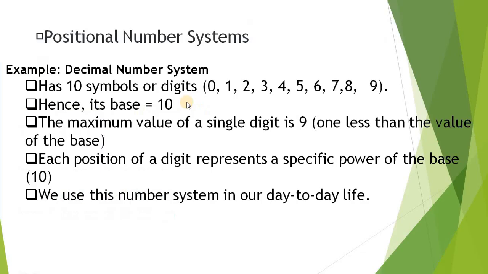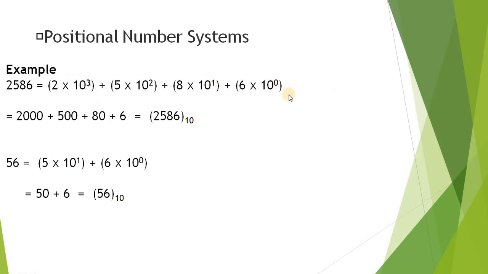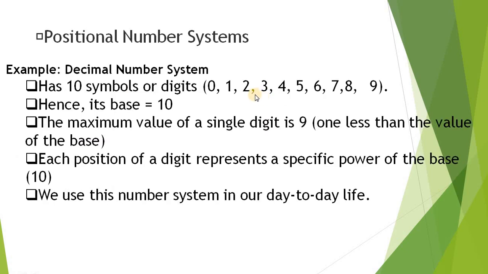And one more thing you need to understand is that digits and numbers are two different things. When we say digit, it is nothing but a symbol. A digit does not have any place value. Like 0, 1, 2, 3, they don't have any specific value.